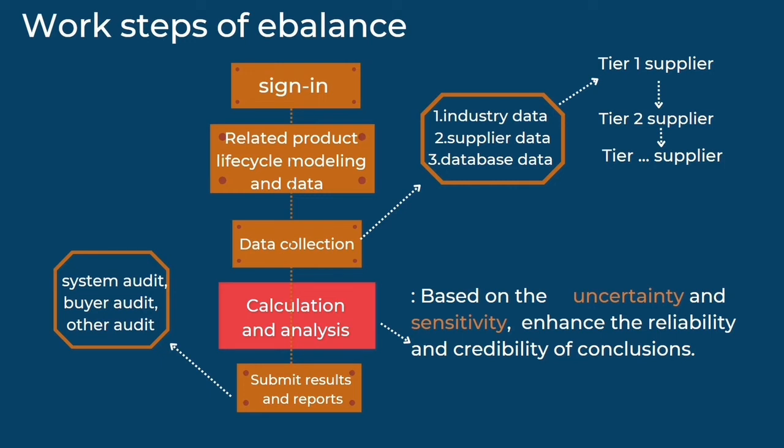Because, like we said before, ebalance has a wonderful function called multi-scheme comparison. And then the last one: submit the results and the reports. The results and the reports will be checked by the system, by buyers, by others. So this is a comprehensive flow of ebalance, and this one can do data quality assessment for us.